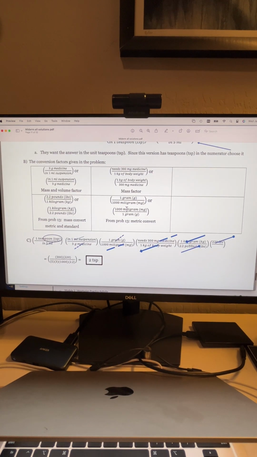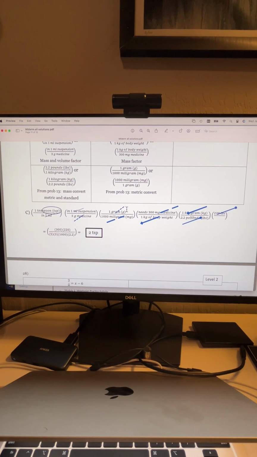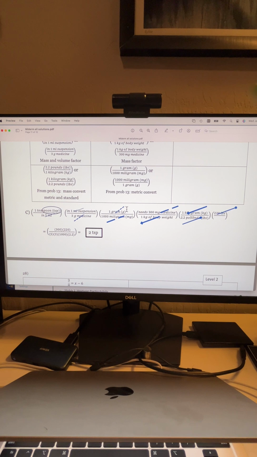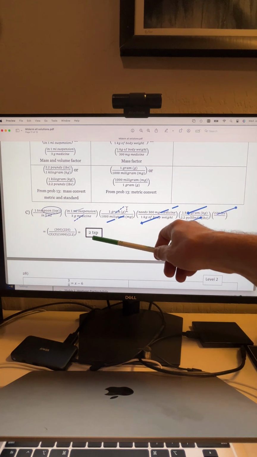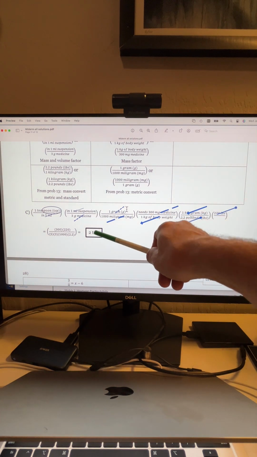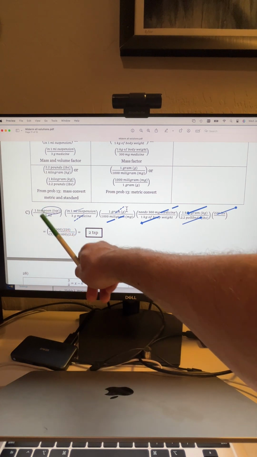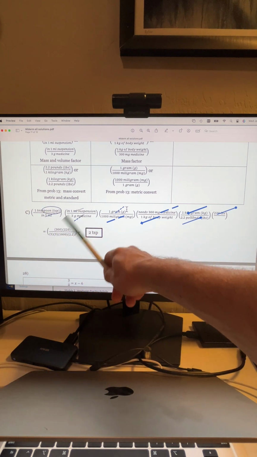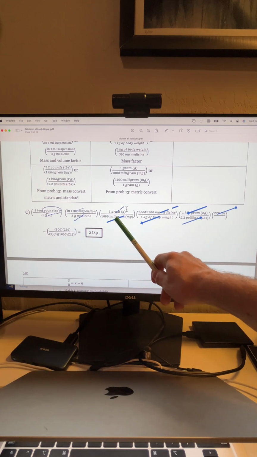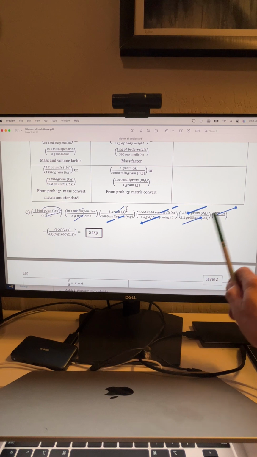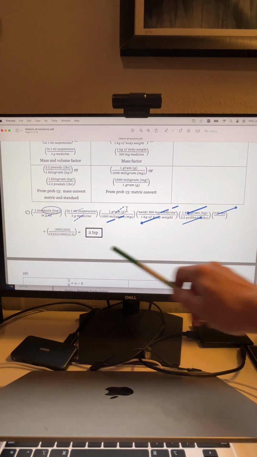When I took chemistry, I didn't like when the teachers would say things like, the problem solves itself. But this is how you set it up so that the steps work. Step A, teaspoons. Step A, teaspoons. Milligram bottom, milligram top, grams bottom, grams top. And see, I even have different types of dashed lines. Everything cancels.